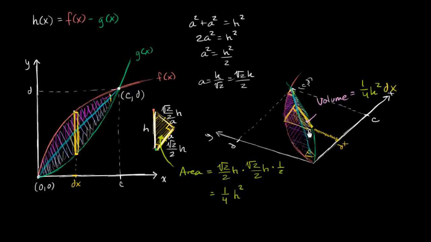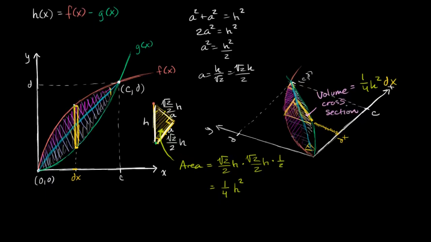And if we just integrated a bunch of these from x equals 0 all the way to x equals c, we essentially have the volume of the entire figure. So how could we write that? We want to find the volume of the figure, and we're in the home stretch here. Actually, let me write it right. This is the volume of a cross section.